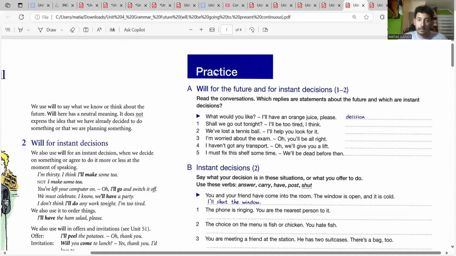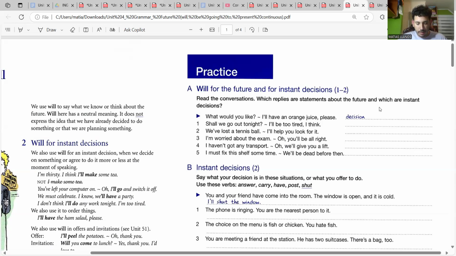So for practice, will for the future and for instant decisions. As we talked before, read the conversations with replies that are statements about the future and which are instant decisions.